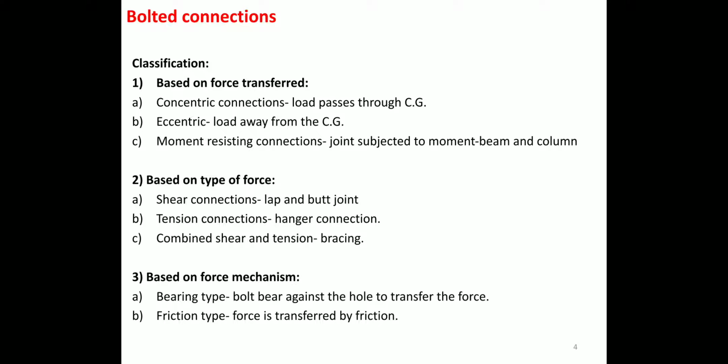The third type is combined shear and tension. You might have seen that in the case of an electric tower, which consists of different horizontal and vertical members joined by diagonal members known as bracing. So it is a combination of shear members as well as tension members.